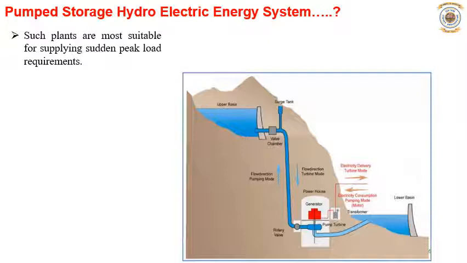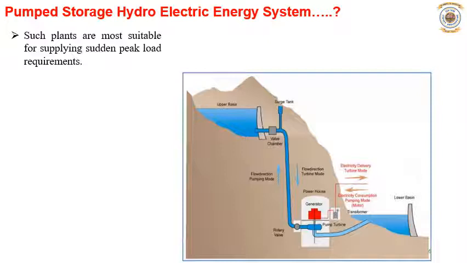Here the water passing through the turbine is stored in the tail race pond. During low load periods, this water is pumped back to the head reservoir. The energy required for this pump is utilized from the main power source.